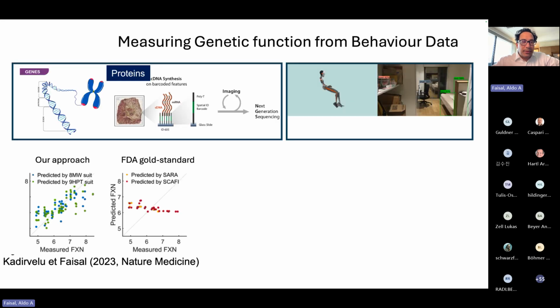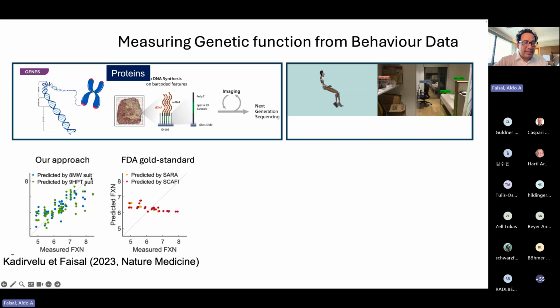Namely, we had available the actual gene expression rate. So how much of the protein was being made in patients at different moments in time of the trial. So every 6 months, we measured their protein expression levels. And using our atomic approach, we could reconstruct the rate of gene expression.